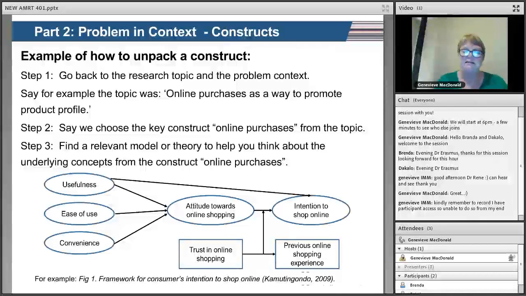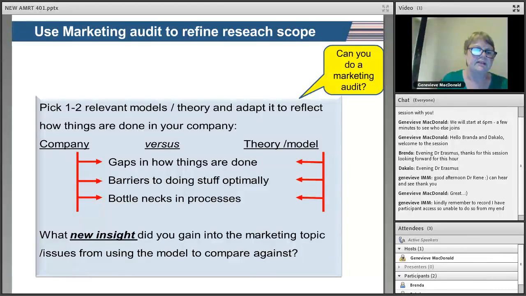So you can see this wonderful framework that actually shows you all the components under online shopping and the intent to purchase and how they relate to each other. So online shopping may be the construct. Here are some of the concepts, and here are some of the basic variables.